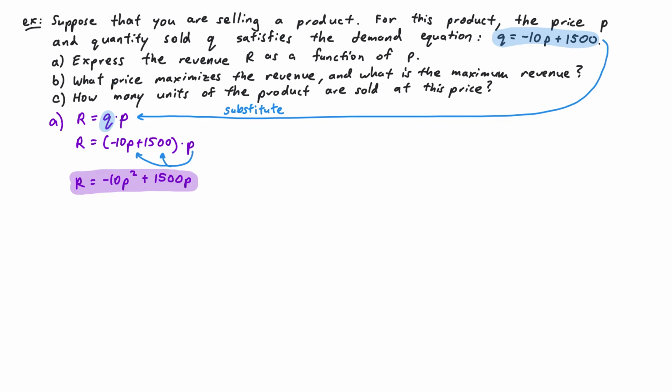What we notice here is that our revenue is equal to a quadratic because of that P squared on the right-hand side. Let's take a moment to look at the graph of this equation. Now, the equations we've looked at previously were typically of the form y equals something involving x's. But instead, our equation here has R equals something involving P's.